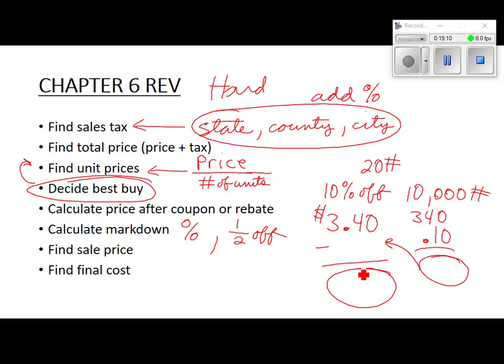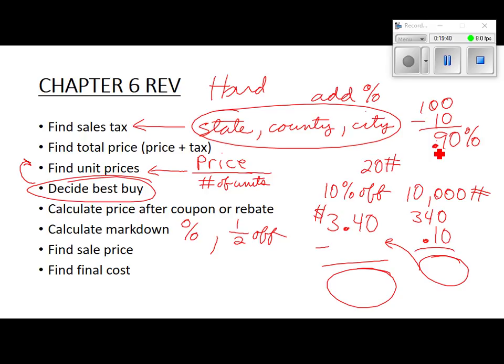So the other way to do it is take 100% minus your percent off, then take that percentage, 0.90, times that, and that gives you the sale price. So you do whichever way is easiest for you, all right? I found myself doing it this way on a lot of the questions in the book, even though that's not the way I normally do stuff, because the way they worded their question, that way was easier.